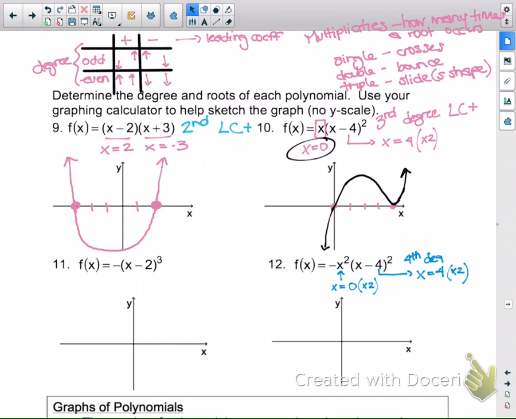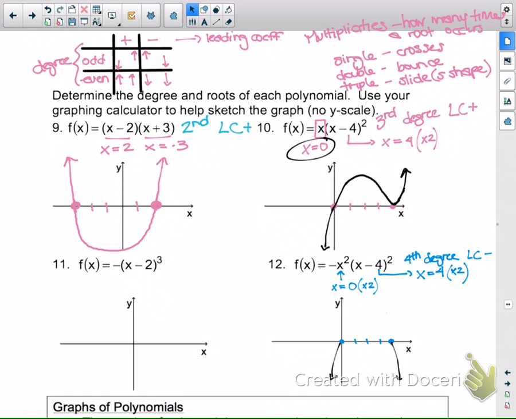And what about my leading coefficient on this one? Leading coefficient's negative. All right. So this has the same roots as the last one, but we're going to see how it looks different because one of them wasn't double on the first one, and it is double on the second. So I know I have a root at 0, a root at 4. According to fourth degree negative leading coefficient, what do I know about both my ends of my graph? They both go down because it's even negative.